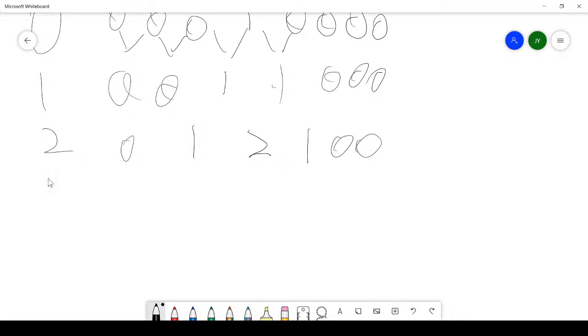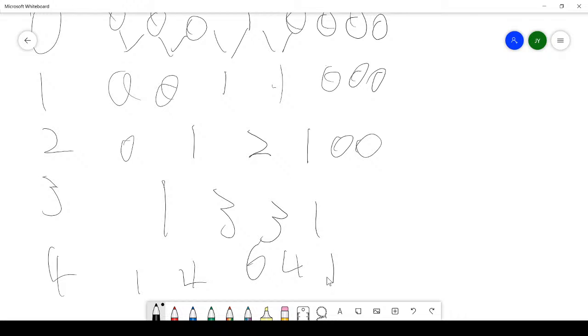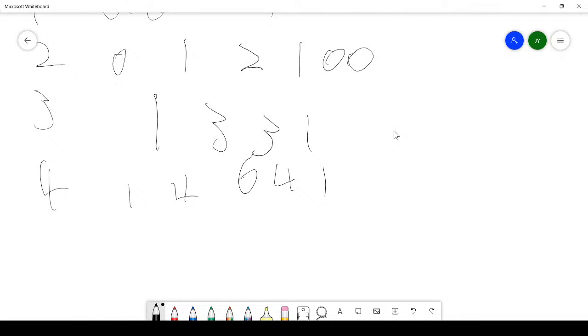Now, third row. We can keep going as long as we want. 1, 3, 3, 1, then 1, 4, 6, 4, 1. Let's do one more row to show this better: 1, 5, 10, 10, 5, 1.